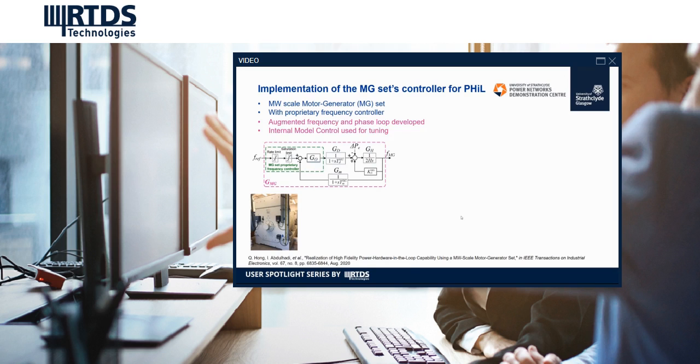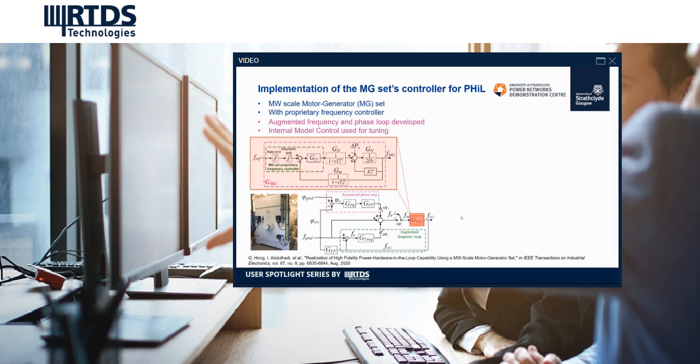The way we tackle the problem is we treat the whole system as a black box. On top of that, we introduce an augmented frequency loop and an augmented phase loop in order to enable frequency and phase tracking capability.